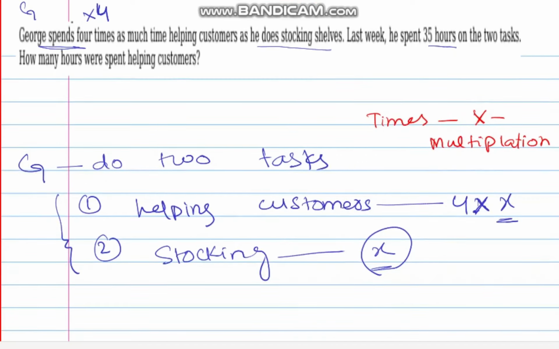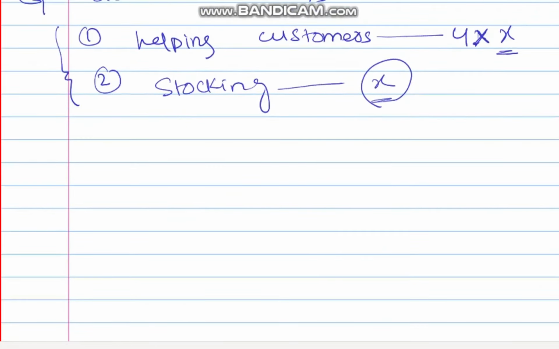Again, he spent 35 hours on two tasks. Now this is the total. Again, the total time is given. The total time is very important, and the total quantity is always very important, because it will give you the equation. Total is equal to 35. Now let me write the equation. Two tasks: number one task is helping customers, so let me write the equation directly.